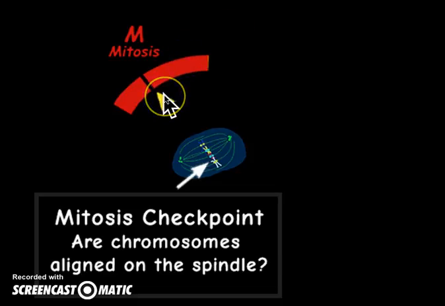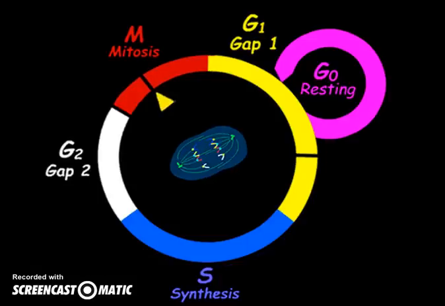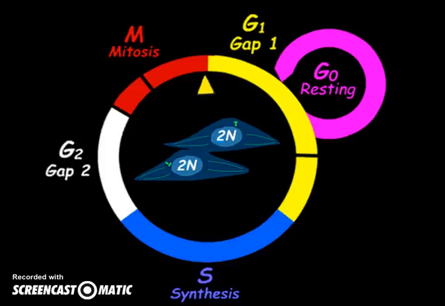There is a checkpoint in mitosis, and one of those checkpoints checks to see if all of the chromosomes are actually lined up on the equatorial plate within the cell. Note that at the end of mitosis, we have 2 cells.